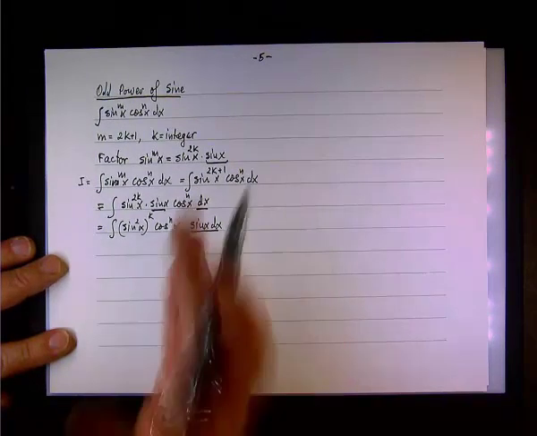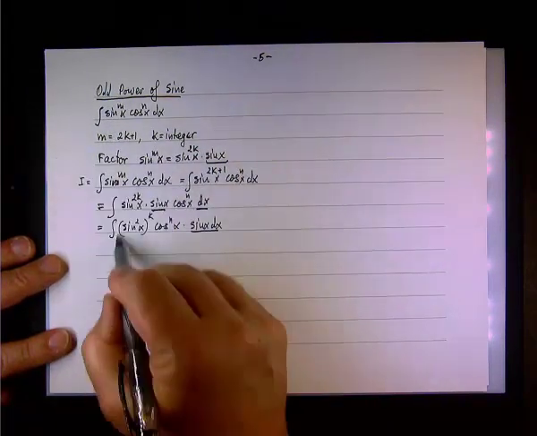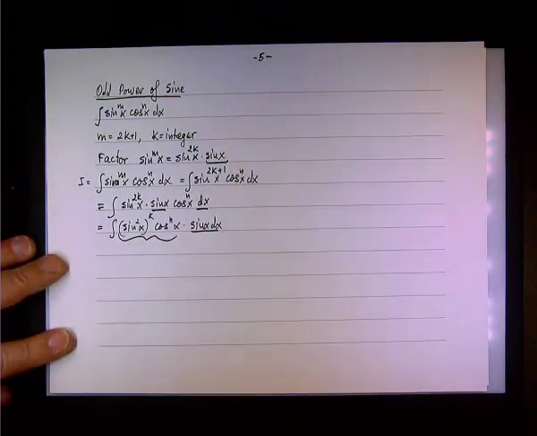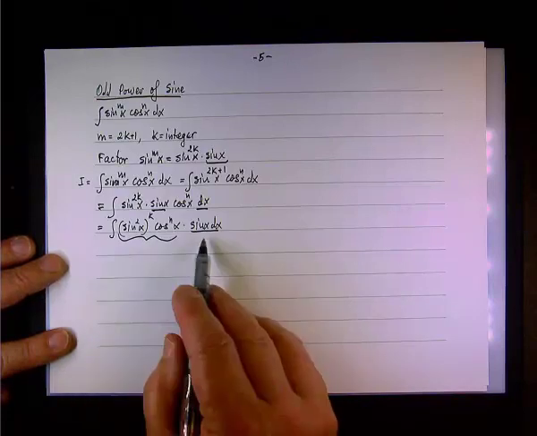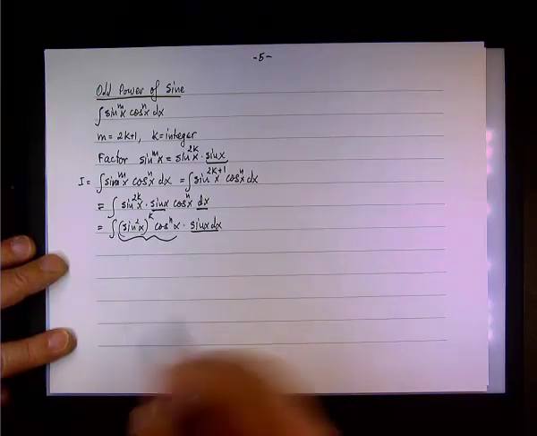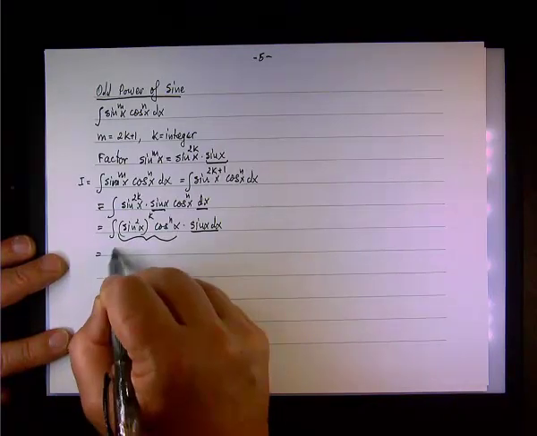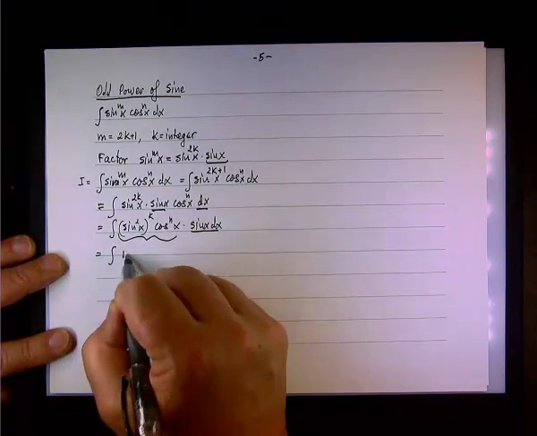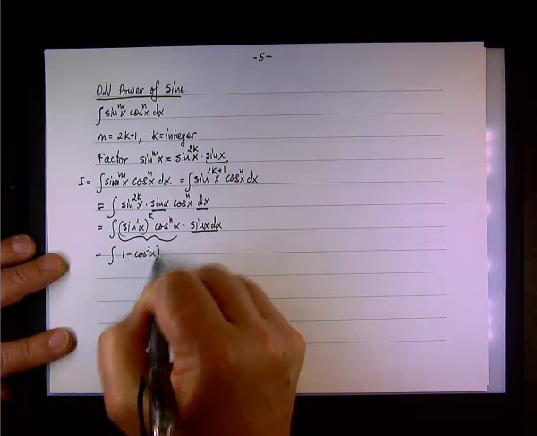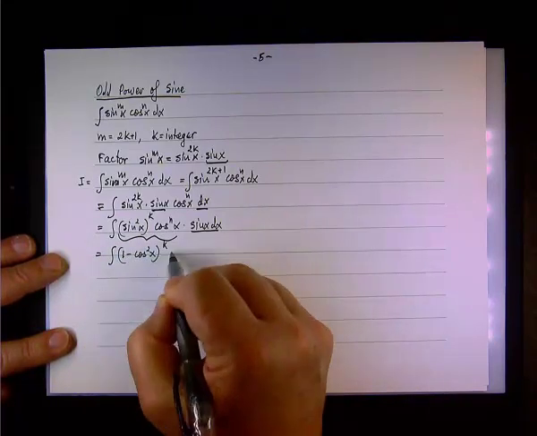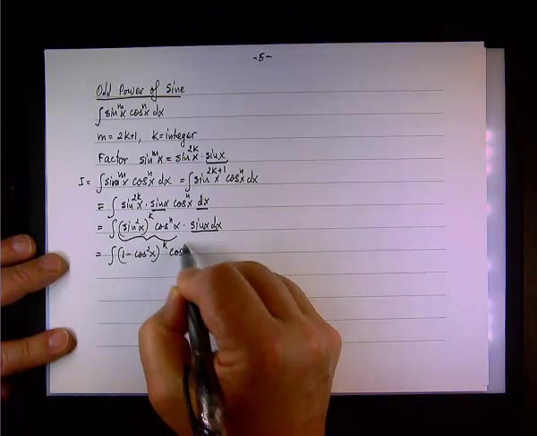Because we have sine x dx, we want everything else in terms of cosine. Okay? So you have the differential, and everything else needs to be in terms of the cosine, and to do so, we could just replace the sine squared with 1 minus cosine squared.